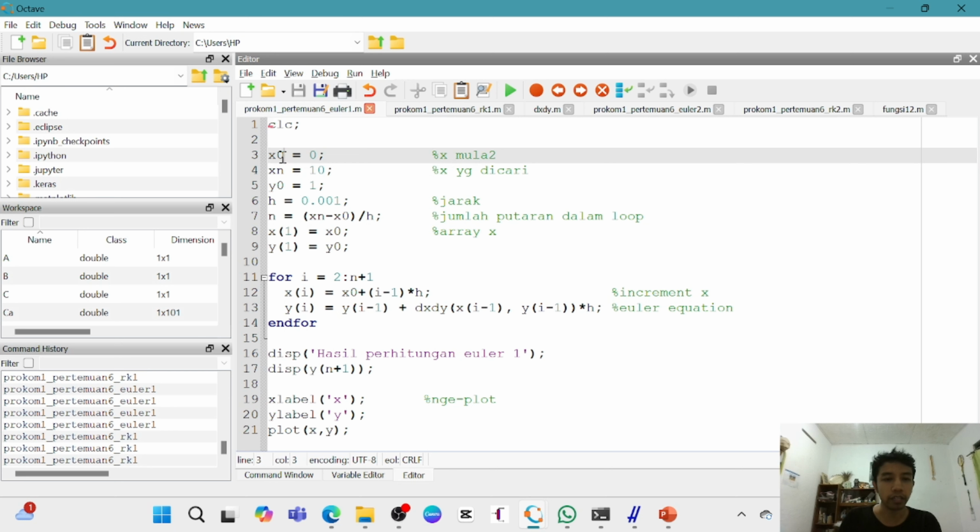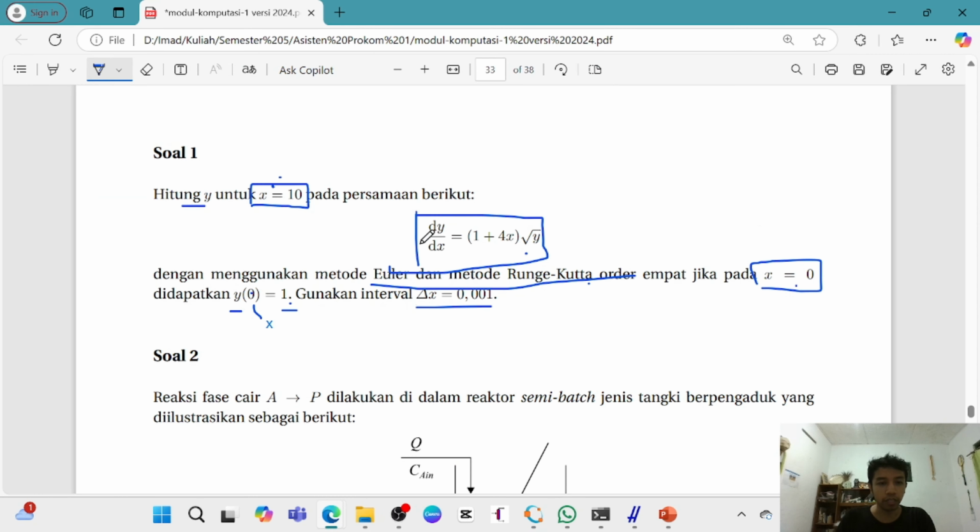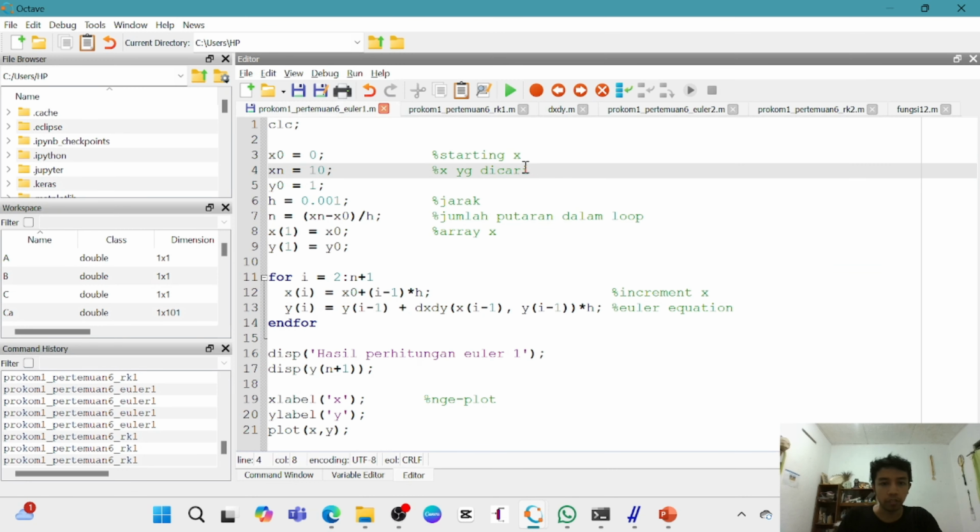This x0 is the starting x, which is 0. Then we have 10, this is the final x.